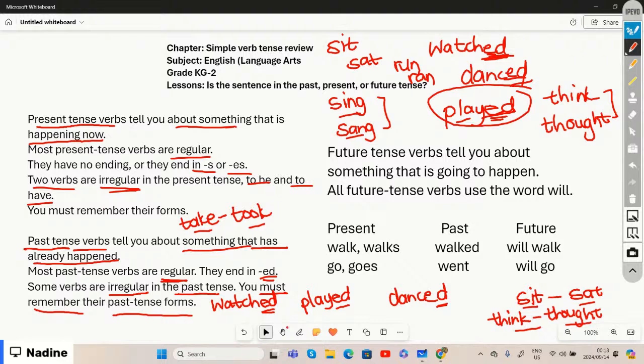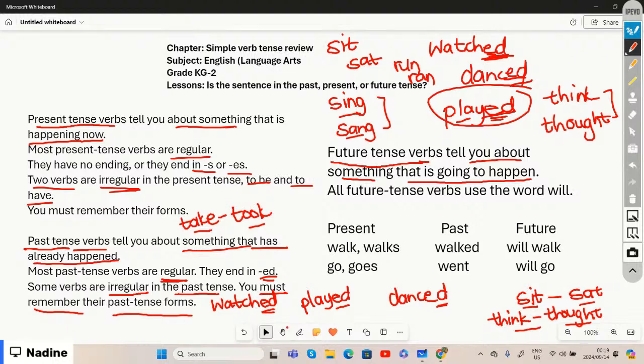All right. So now we also have our future tense, right? And the future tense verbs tell you about something that is going to happen, meaning it did not happen yet. It's not happening now. It must still happen. It is going to happen.